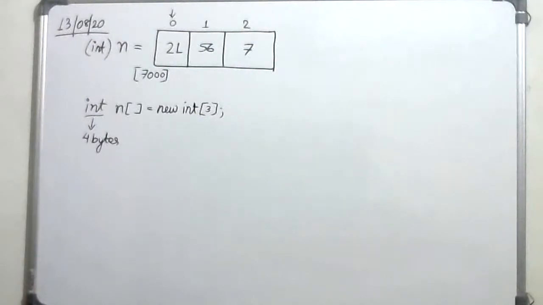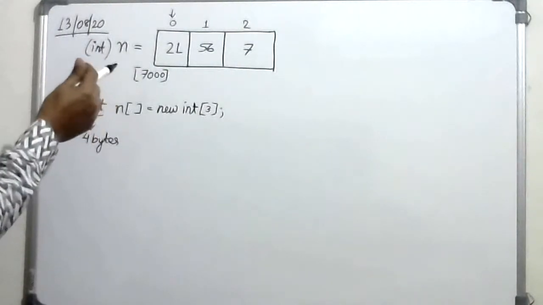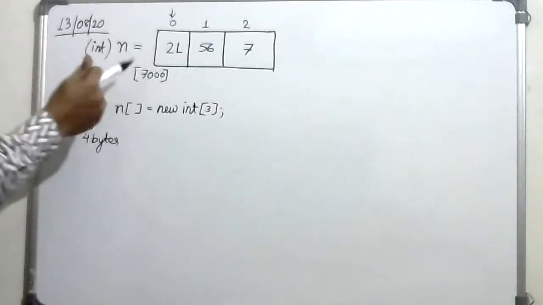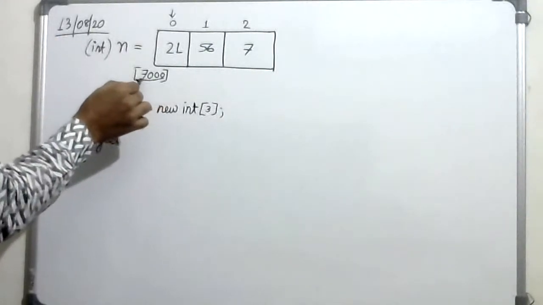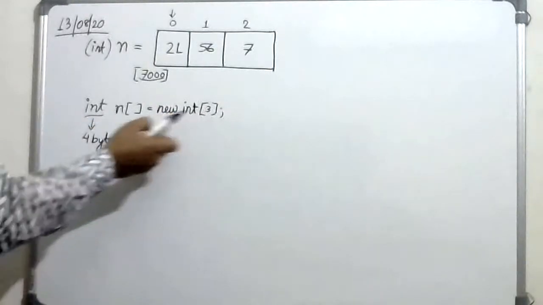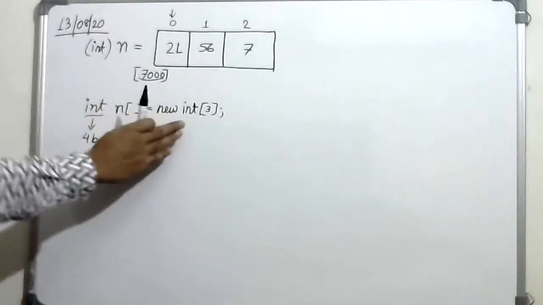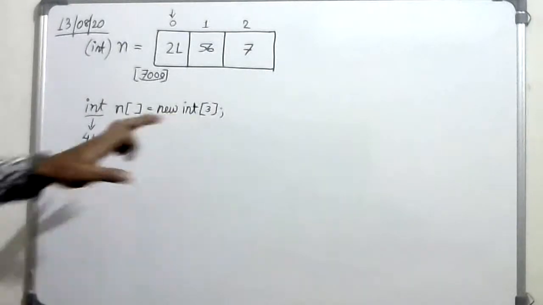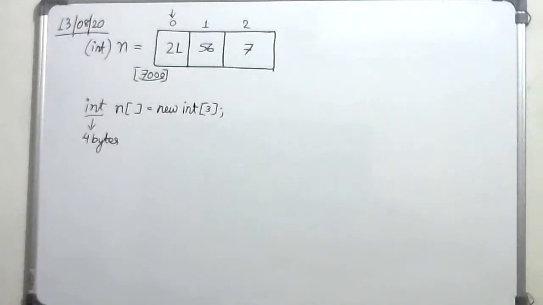So let's say my compiler starts assigning memory from the location 7000. Since my array is of size 3, it will have 3 values in total.